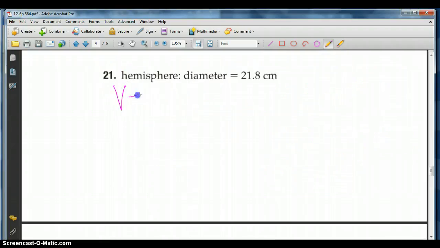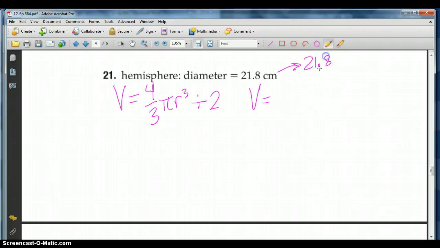So the volume of half of a sphere, so a hemisphere, is 4/3 pi r cubed divided by 2. So in this case, if the diameter of the great circle is 21.8, half of that would be 10.9.